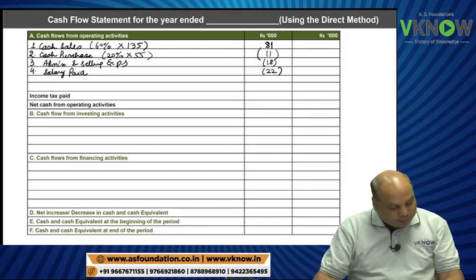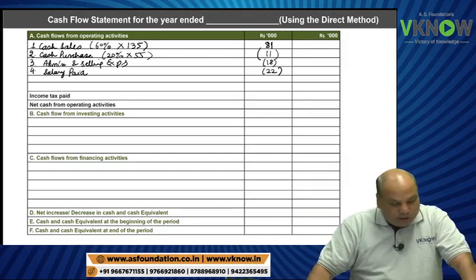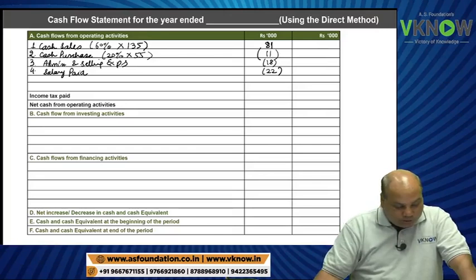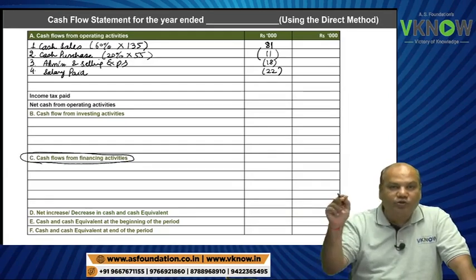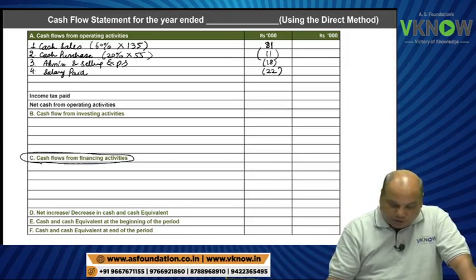Come on, next. Point 4, company redeemed debenture of rupees 20 crore at a premium of 10%. The debenture holders were issued equity share of 15 crore towards redemption, and the balance was paid in cash. So my question is, how much amount was paid to debenture holders in cash? Please reply.